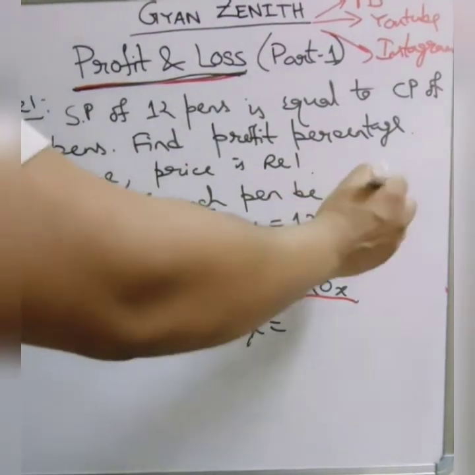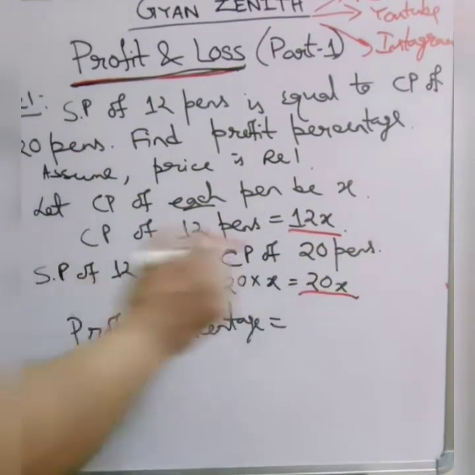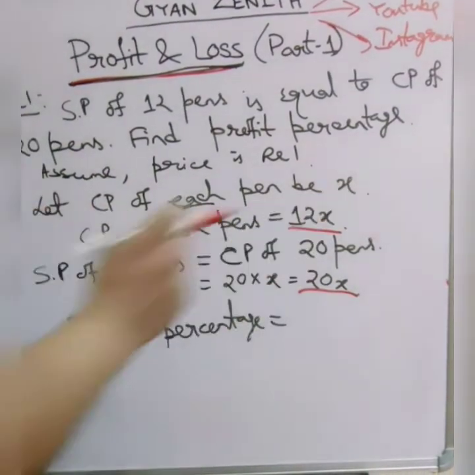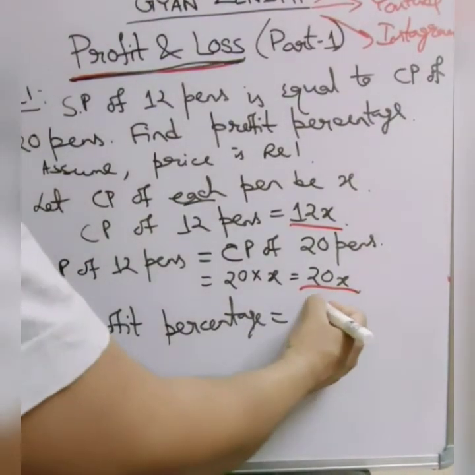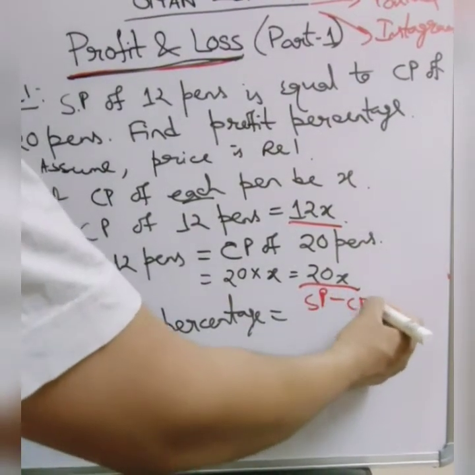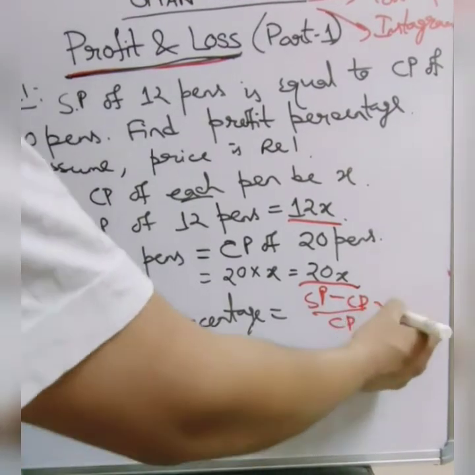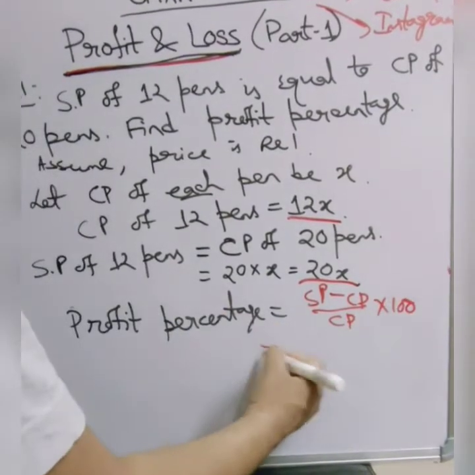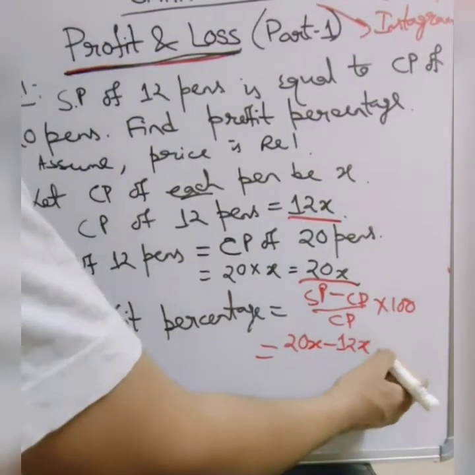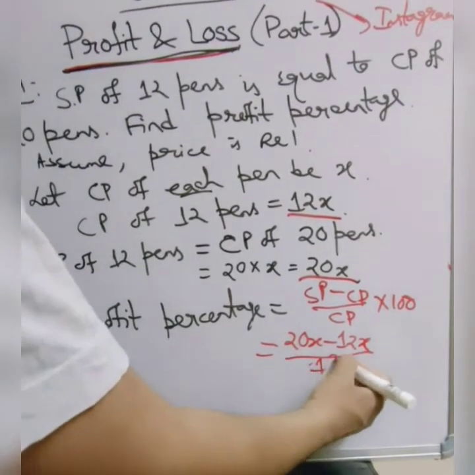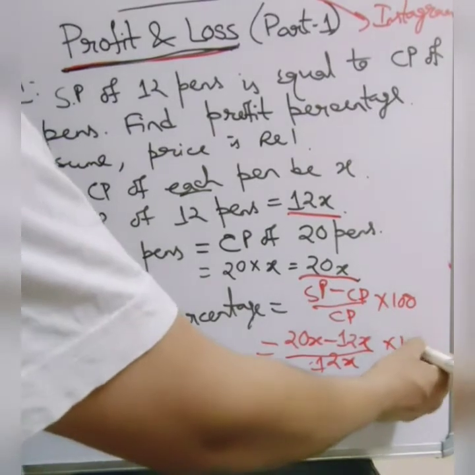Each pen is X, so 20 into X is 20X, and CP of 12 pens is 12X. So we know that profit percentage is SP minus CP by CP into 100. So 20X minus 12X, correct, by 12X into 100.